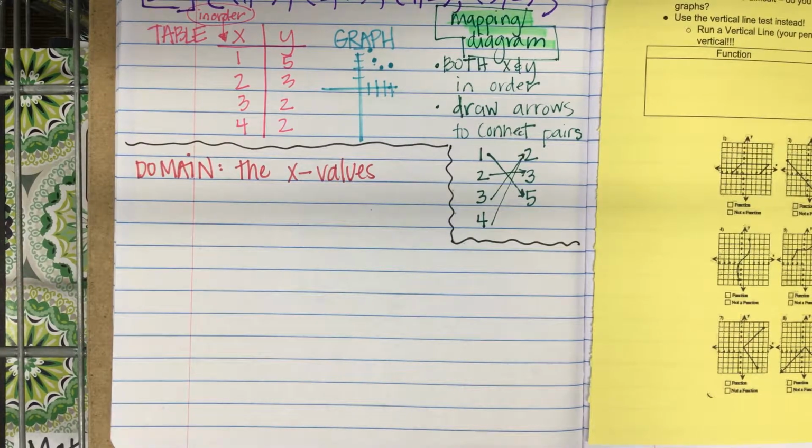If I said, here's this relation, here are these ordered pairs that belong together, and then I said, can you tell me the domain? You just list the X values. Domain, fancy word for X values.